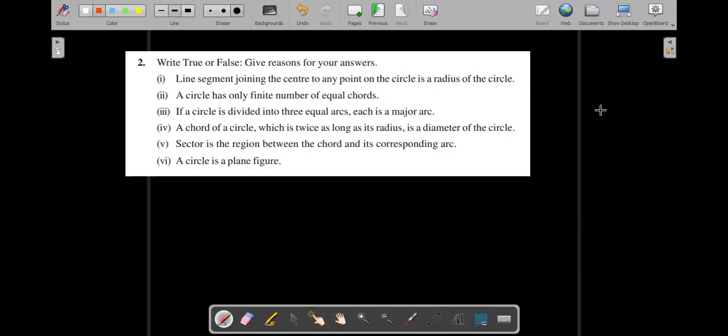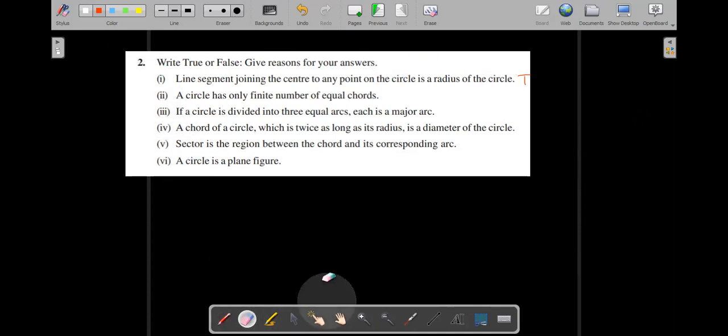Is it a radius? So it is true. On a circle, any line from the center to any point on the circle is always a radius. That's why it is correct.